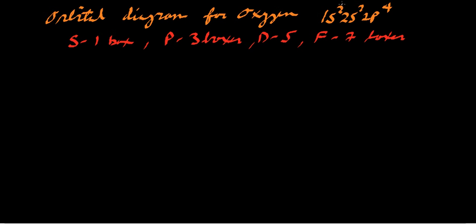There's a total of 6 P electrons in an electron configuration. 6 divided by 2 is 3. There are 10 D electrons. 10 divided by 2 is 5. 14 F electrons. 14 divided by 2 is 7. So that's how you can remember it.